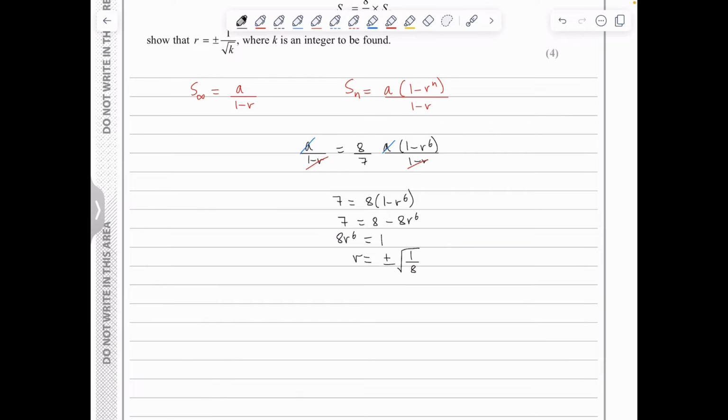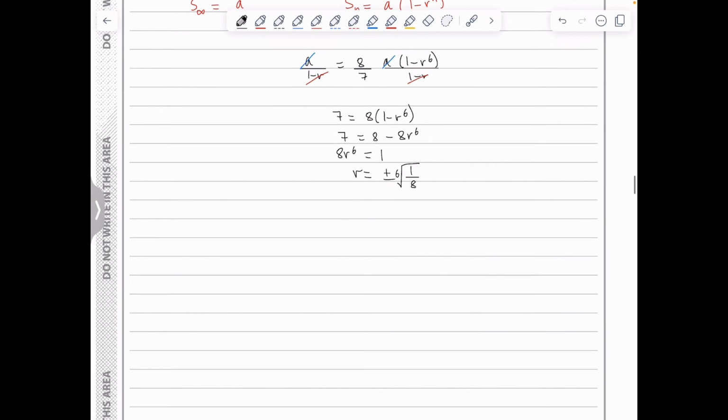and I've got the 6th root here. It could be plus or minus because it's an even root. And I do notice that 8 can be written as 2 to the power of 3, and the 6th root can be written as 1/6 as a power, which leads to r is plus minus 1/2 to the 3 over 6, because when I've got a power raised to a power, then I can multiply the indices together.